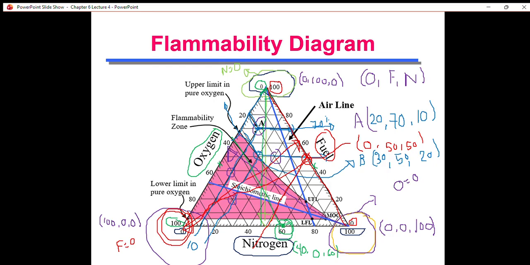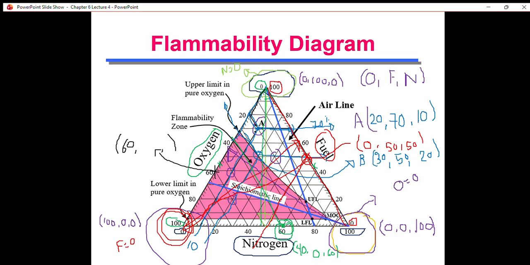Let's look at this point now. Let me choose the black color. Again, I have 3 compositions: oxygen, fuel, and nitrogen. At this point I'm looking at the oxygen line. This means that the oxygen concentration is going to be straightforwardly equal to 60%. But which component will be equal to 0?